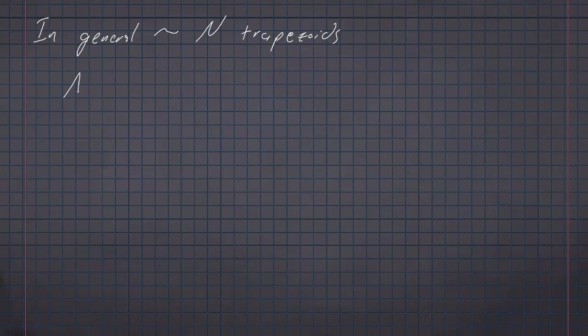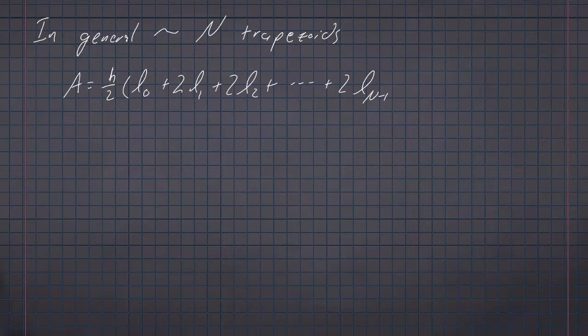The area here is h over 2 times L0 plus 2 times L1 plus 2 times L2 plus dot dot dot plus 2 times Ln minus 1, and then plus a single Ln.